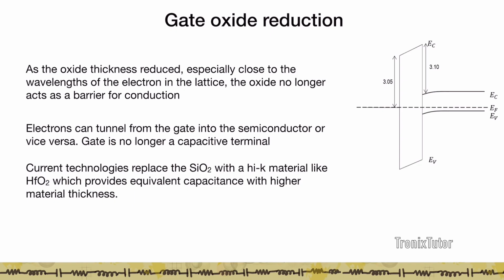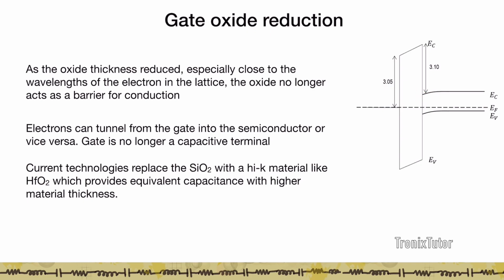This material has a relative dielectric constant much larger than SiO2, which means that for the same physical thickness you get a much higher capacitance. In other words, you can make the physical thickness of the layer much thicker for the same gate capacitance. So that was able to essentially increase the thickness of this layer and prevent quantum mechanical tunneling.